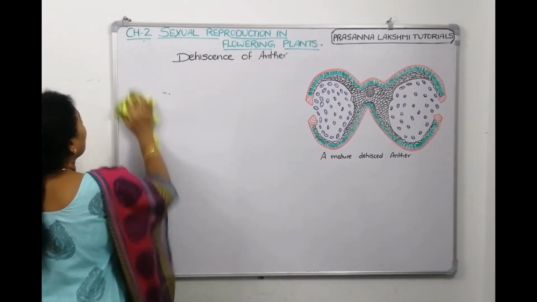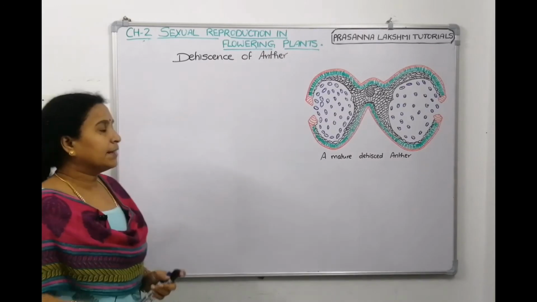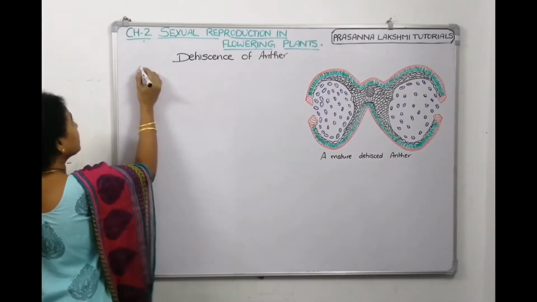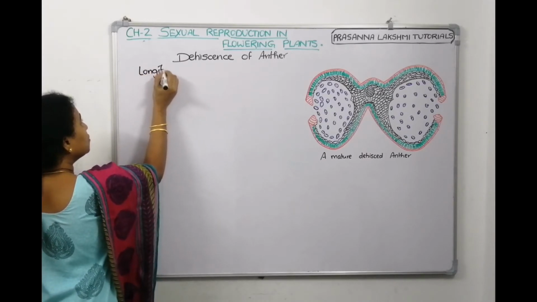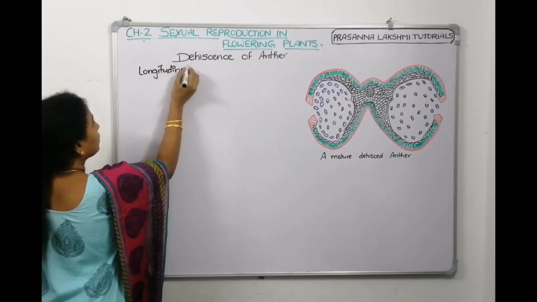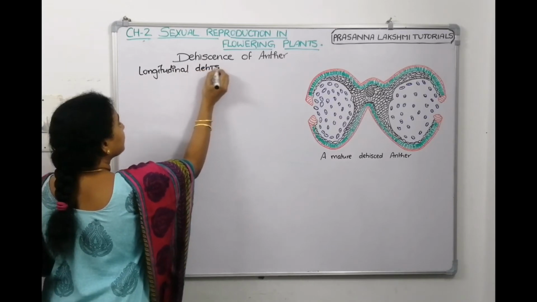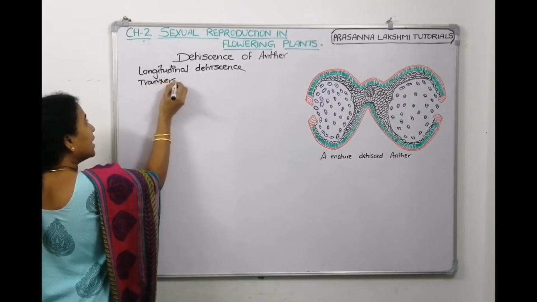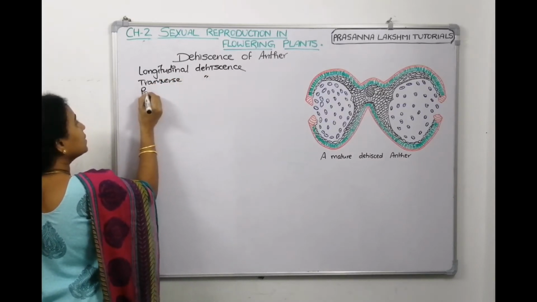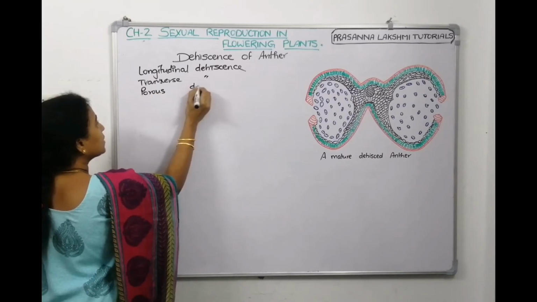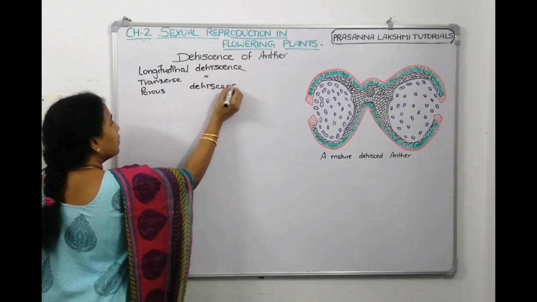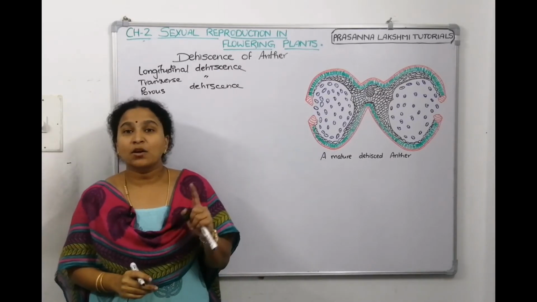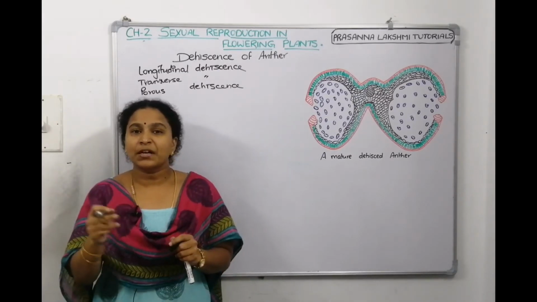Now what helps in splitting the anther walls? We have 3 types of dehiscence: longitudinal dehiscence, transverse dehiscence, and porous dehiscence.